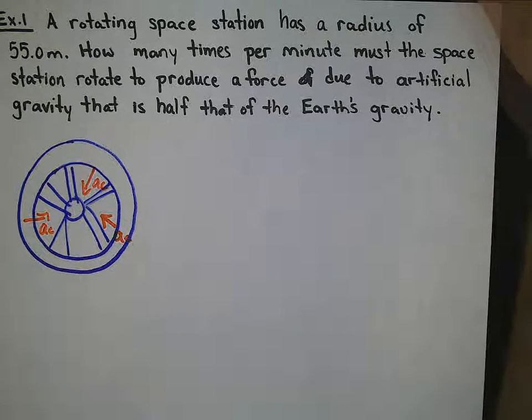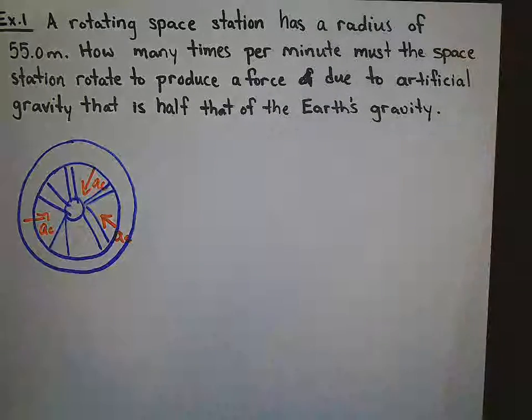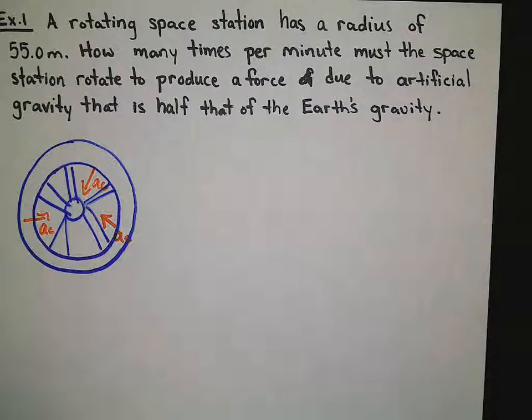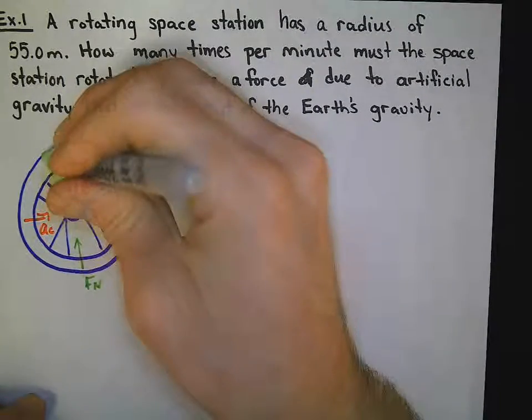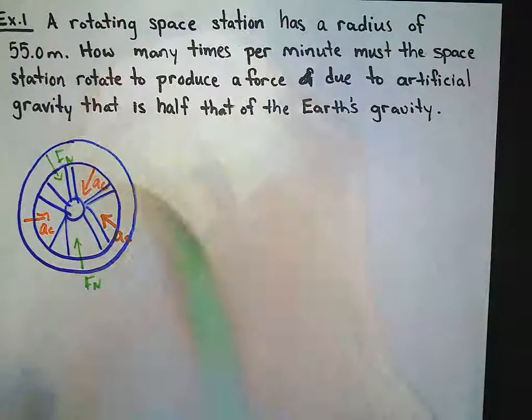And because our normal force is acting perpendicular to where our object is in contact with the surface, this will be our normal force that's acting towards the center as well.